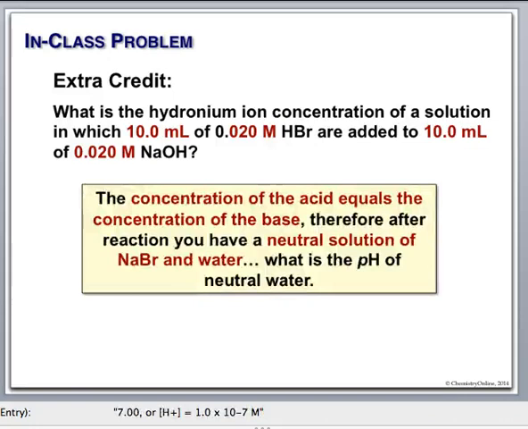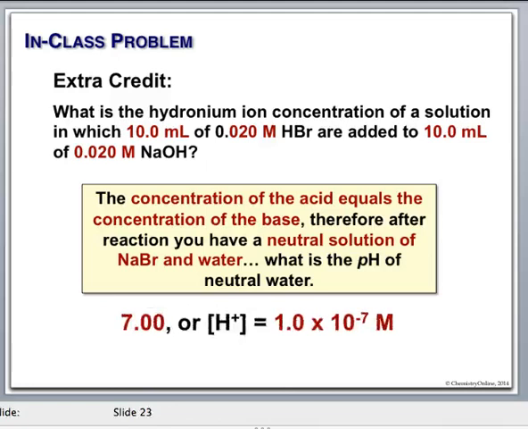So, what's the pH of neutral water? 7. You just made water, didn't you? In your 10-liter bucket with the nickel in it. Hydronium ion is 10 to the minus 7 molar.